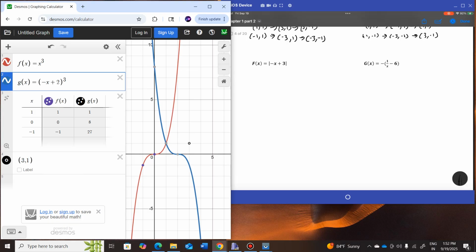Right. The absolute value of (-x + 3), again we have a horizontal shift and a reflection across the y-axis.